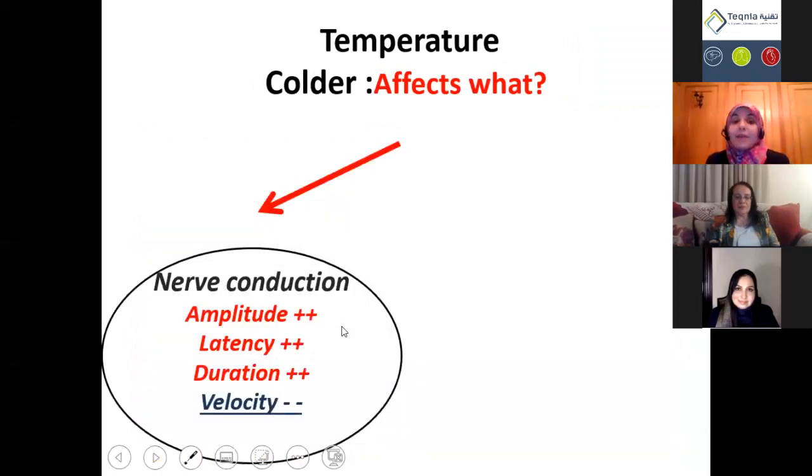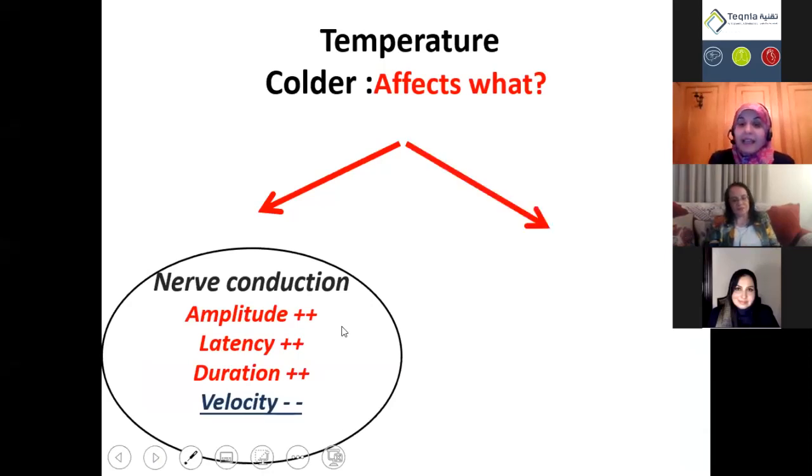You can see the amplitude bigger. It is not really bigger. You know that the compound muscle action potential reaches a maximum and we stop. It's more summated. And the latency is increased because the velocity decreased, and the duration increases because the duration of every single action potential is prolonged.